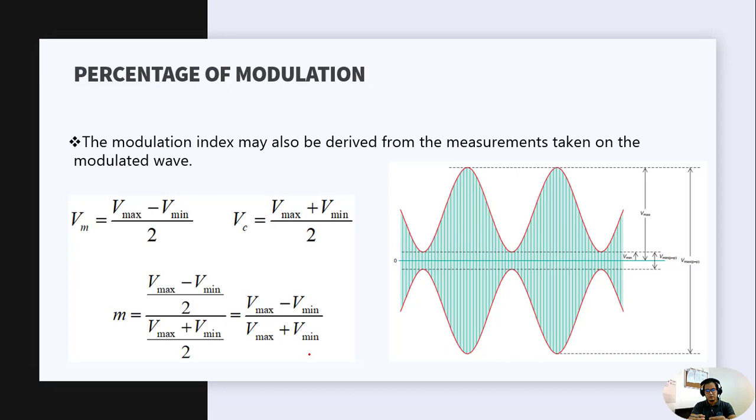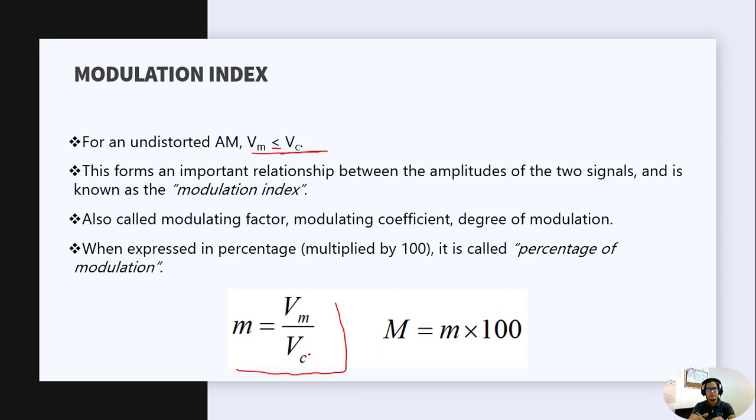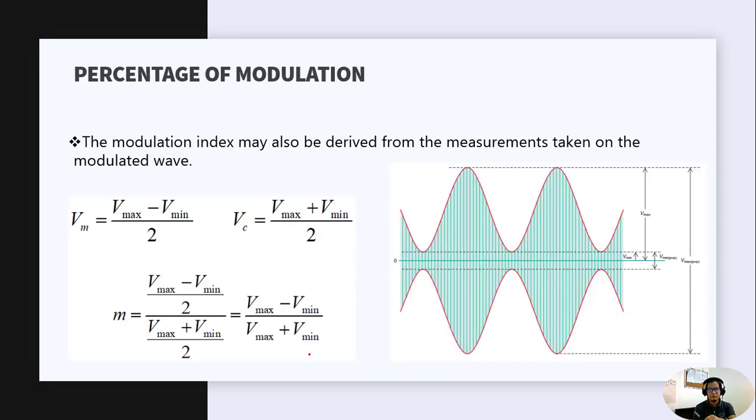Percentage of modulation, or the modulation index then, we can also derive this from our modulated wave, from our complex waveform. Yung slide natin kanina, this is being derived from the peak value ng Vm and Vc. But there are times that the peak value of the modulating signal and the carrier signal is not being said. So, what if ang available lang sa atin is our AM wave, yung modulated wave na?